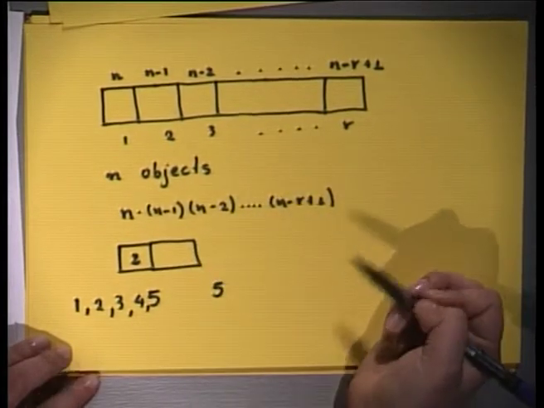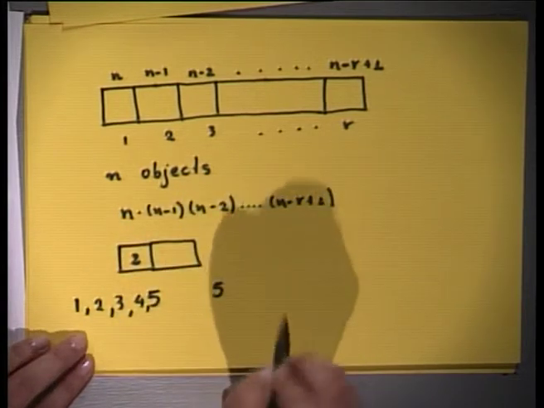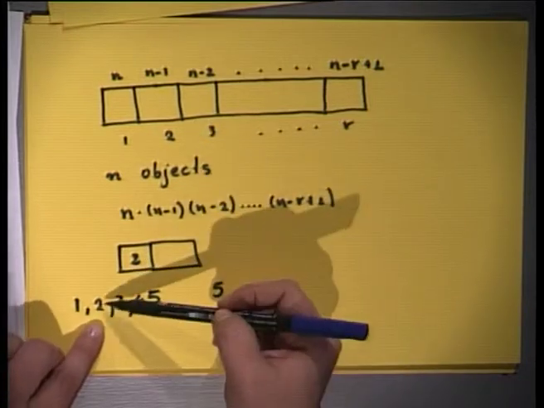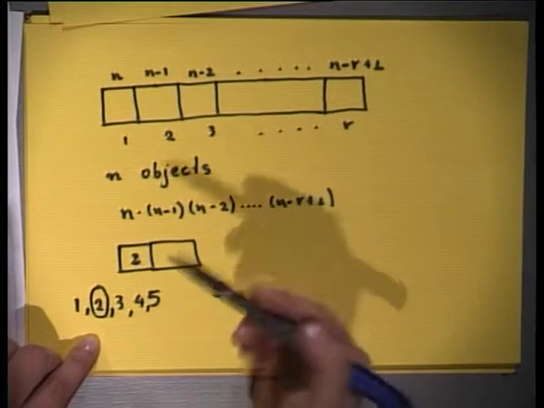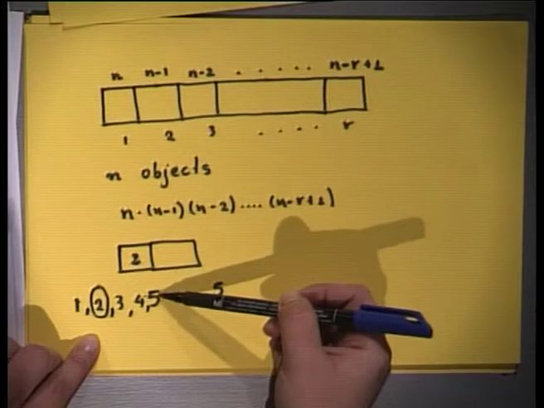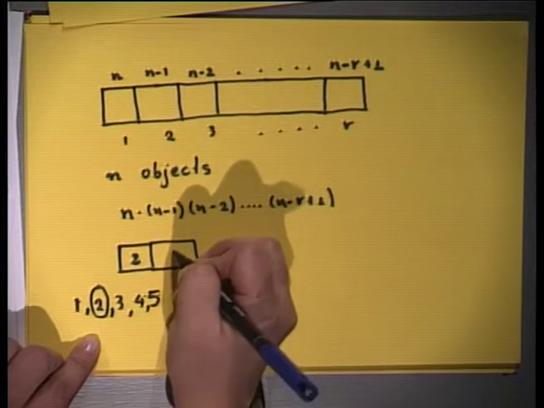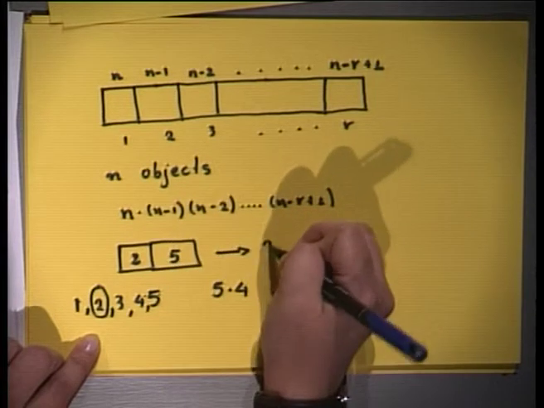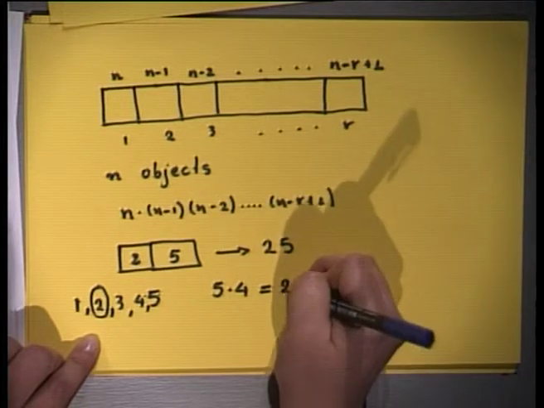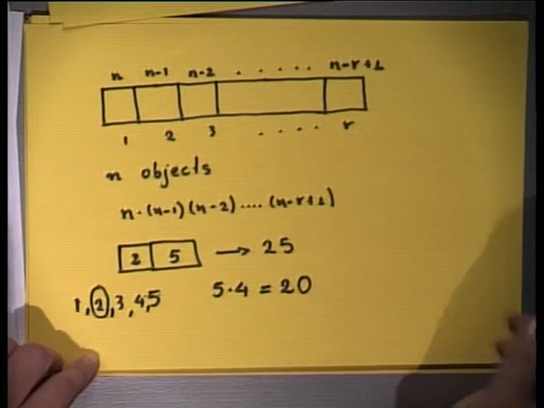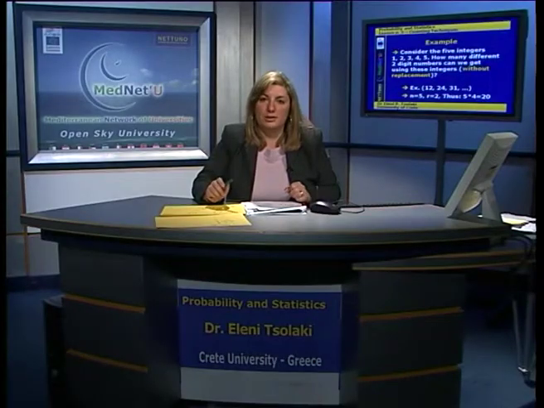The second box now can be filled in with one of the remaining numbers. So we leave out the number 2, which has already been picked. So there are 4 different ways to pick a number here, for example, number 5. So we have number 25. So there are, as we have seen, 20 different ways of having two-digit numbers using the 5 integers.